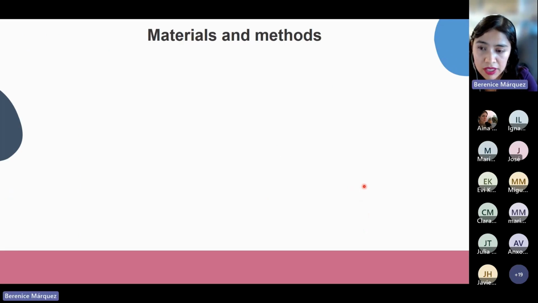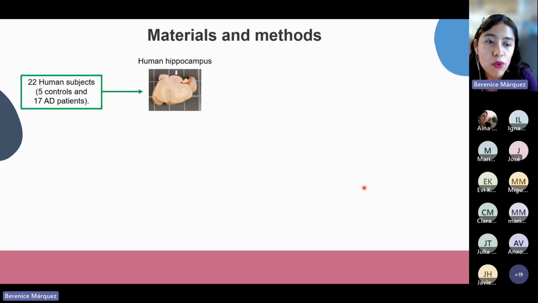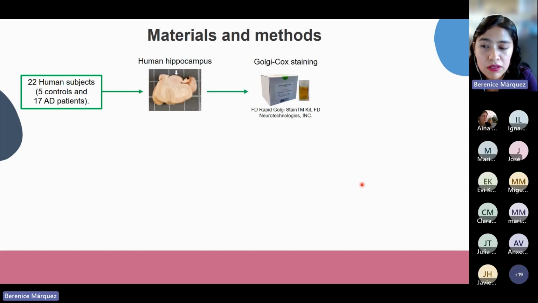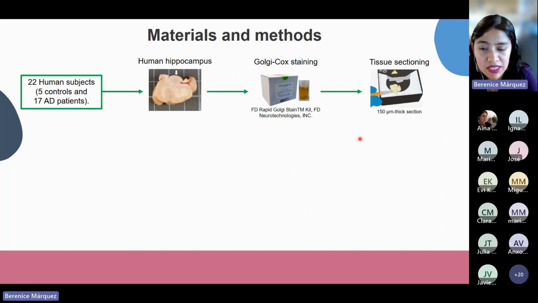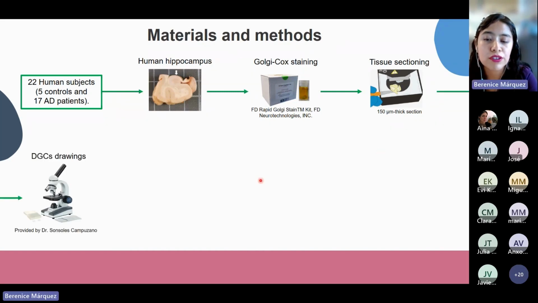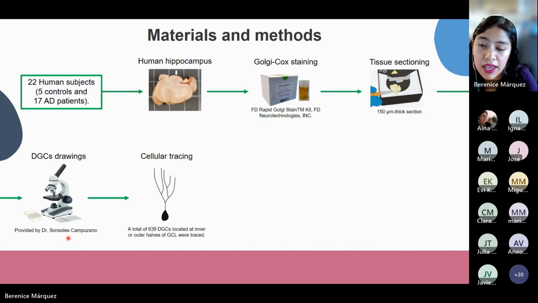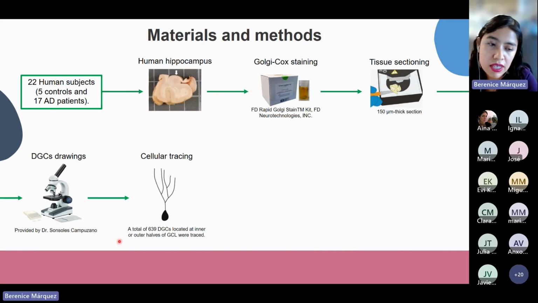To address the objectives, human hippocampi were dissected and immersed in Golgi solution. The Golgi-Cox staining was performed, and the hippocampal sections were obtained using a vibratome. Dentate granule cells were drawn using an inverted optical microscope coupled to a camera lucida, and a total of 639 neurons located in either inner or outer regions of the granule cell layer were traced.